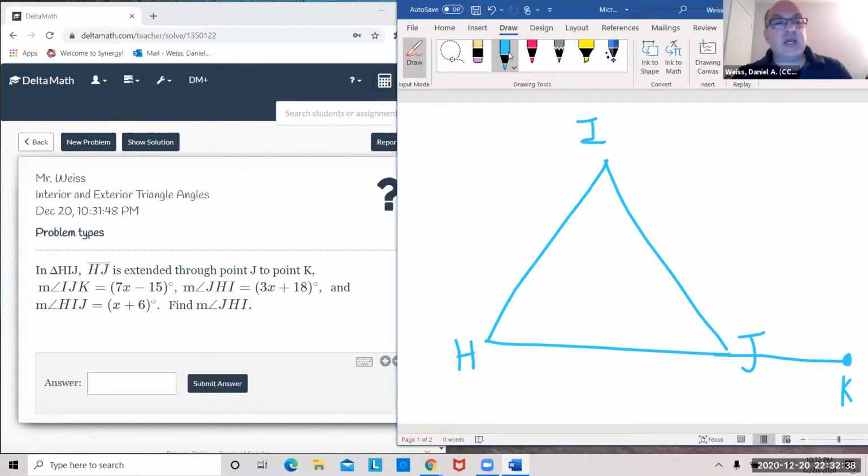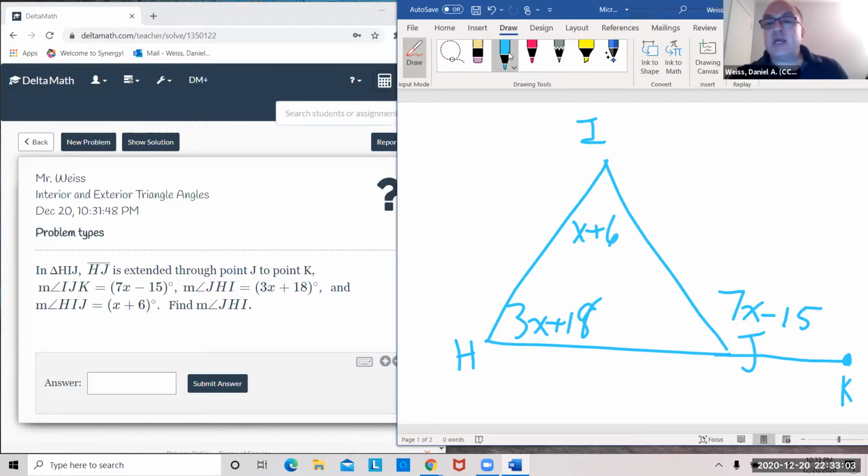It says angle IJK is 7x minus 15. It says JHI is 3x plus 18. HIJ is x plus 6.